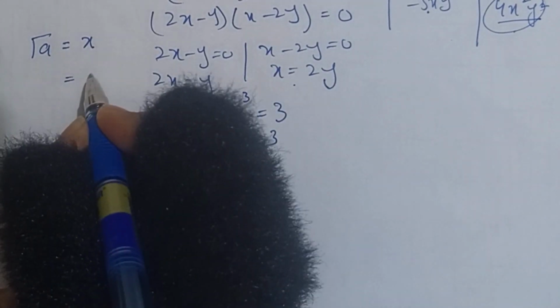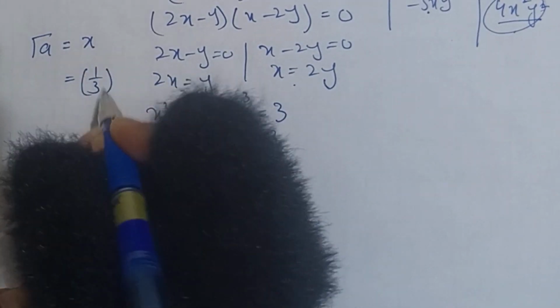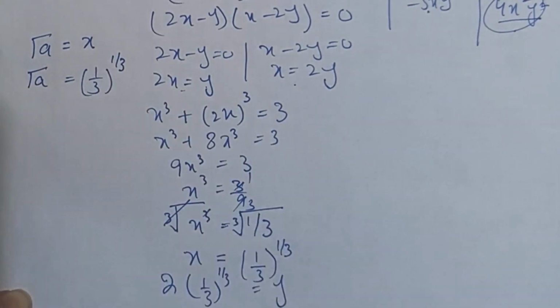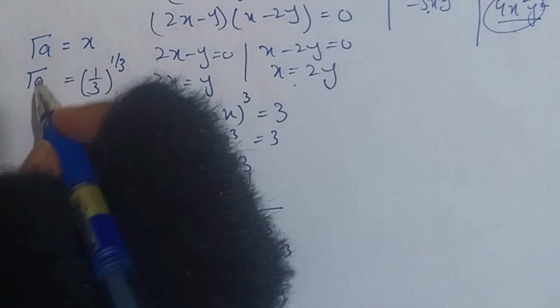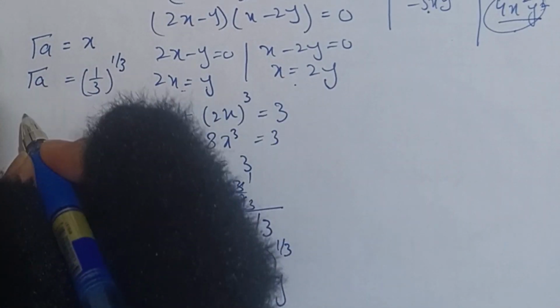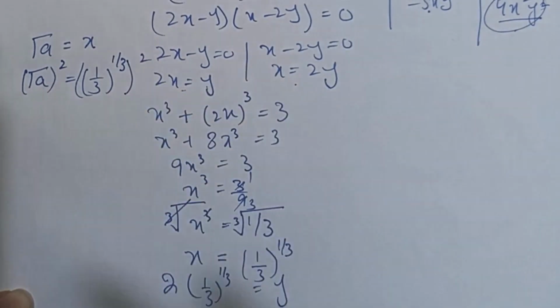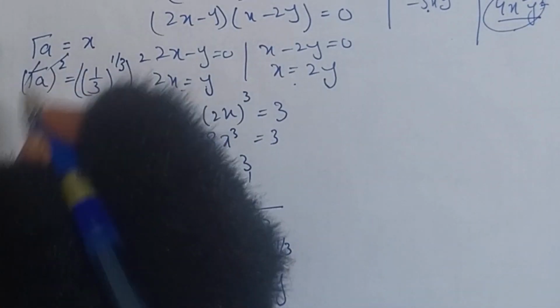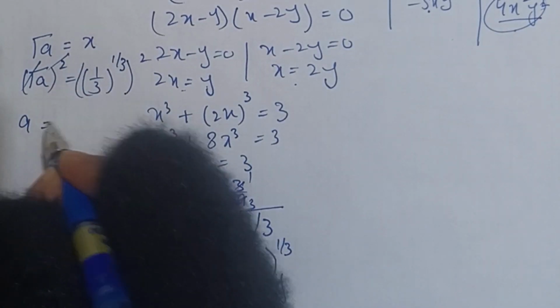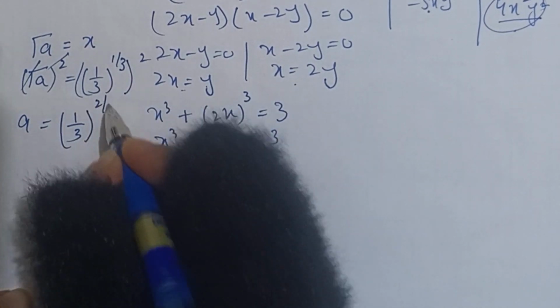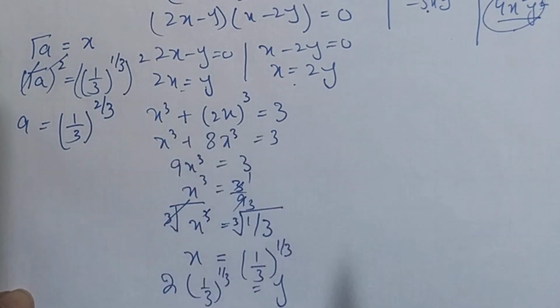It's the square root of a, and we want to remove the square root, so we take a square on both sides. This square and square root will cancel. We just get a is equal to 1 over 3 raised to the power 2 over 3. So this is the value of a.